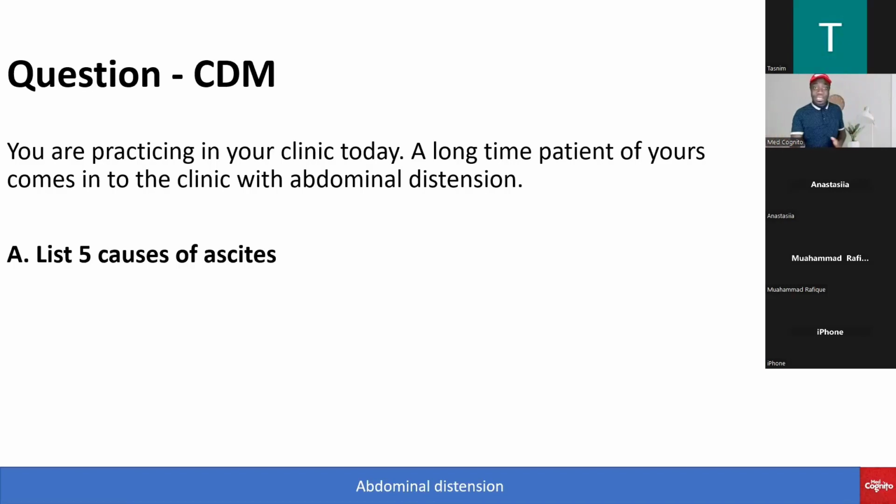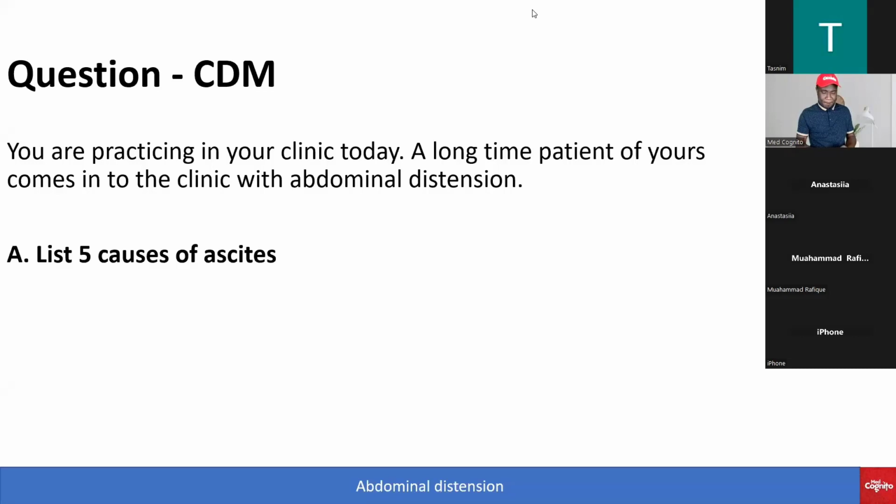What are the causes? Most common, liver cirrhosis. Liver cirrhosis, okay. Any malignancy, either pelvic malignancy or GI malignancy, can also be a differential. But I would say like a liver HCC.